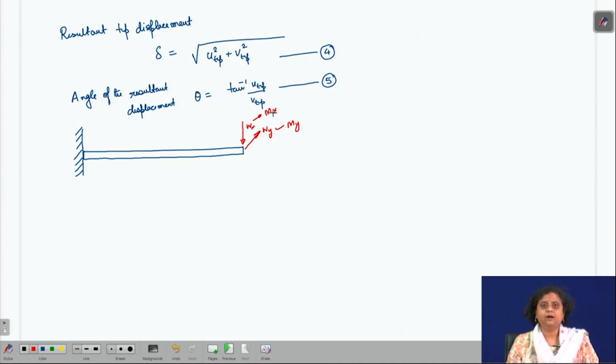Similarly, in aircraft structures we very often experience symmetric cross sections, in which case Ixy is going to be 0 and therefore the expressions for the displacement will become even simpler, and those examples would be solved much more easily as compared to the complex example that we have solved in this lecture.